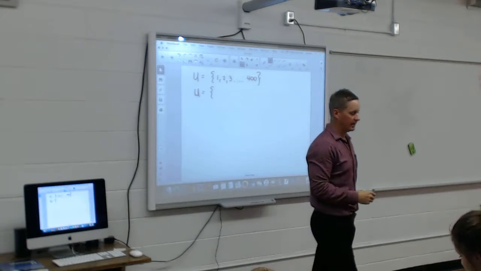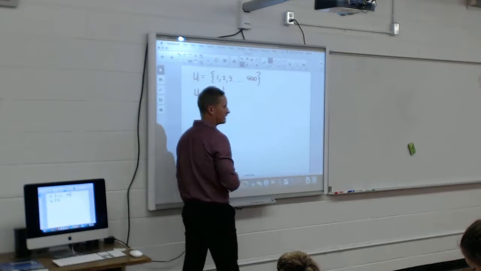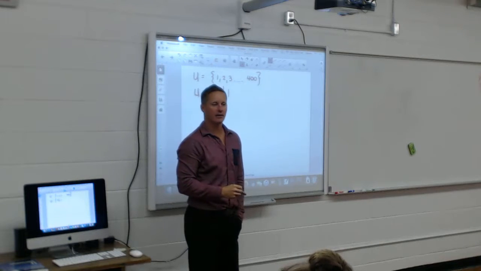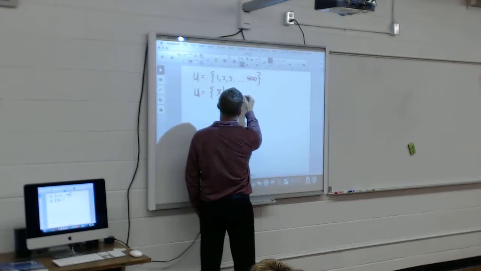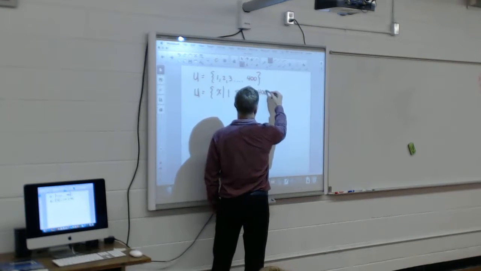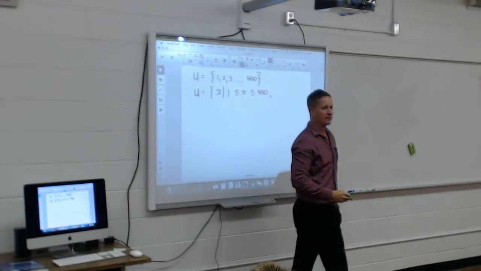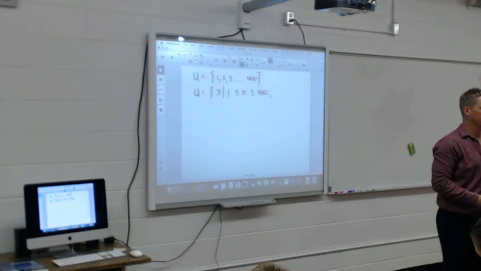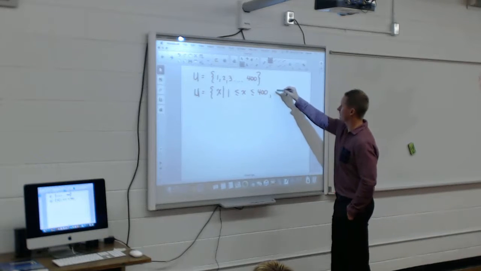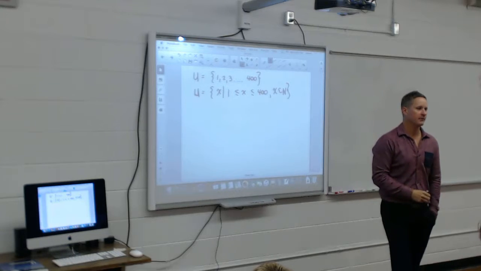Set notation means I'm going to put x such that, always start with your smallest value, less than or equal to x, less than or equal to your highest value, 400, and it has to be an element of what? Are we talking decimals? No, natural number. Natural number, exactly. Very good. So I put this in at the end, where x is an element of the natural numbers.